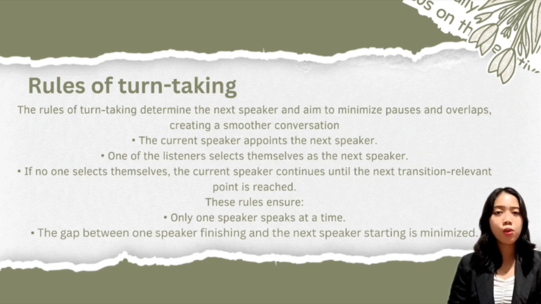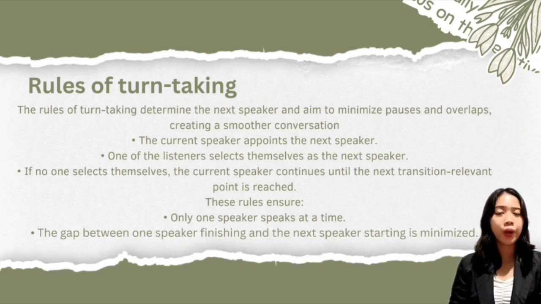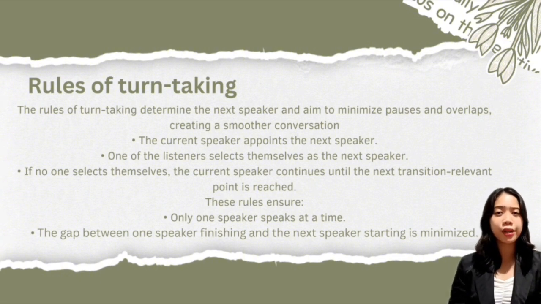Third, if no one selects themselves, the current speaker continues until the next transition relevant point is reached. These rules ensure that only one speaker speaks at a time, and the gap between one speaker finishing and the next speaker starting is minimized.